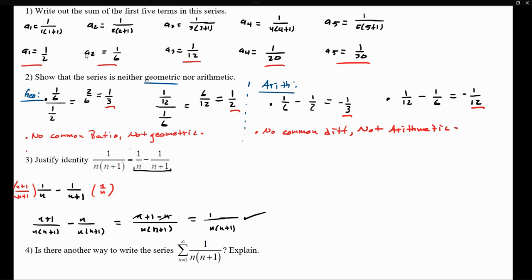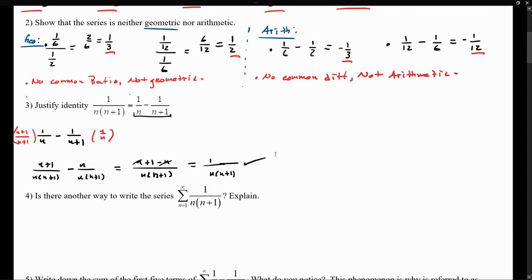And why is it that we wanted to justify this? Because now, if we come back to the original series that we were discussing, 1 over n times n plus 1, we have already shown that we are able to rewrite this expression as 1 over n minus 1 over n plus 1.